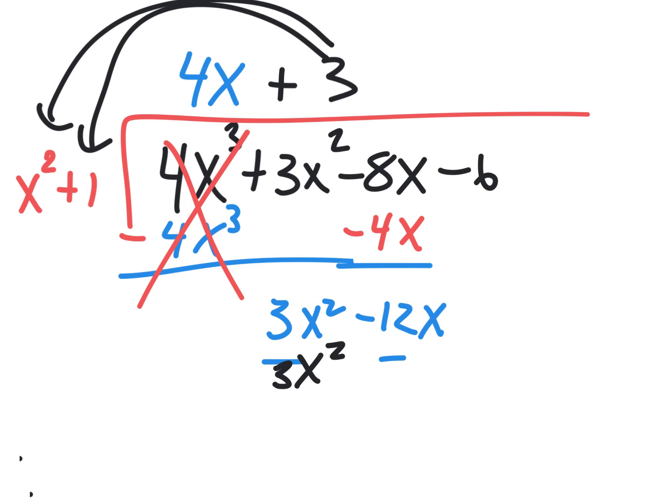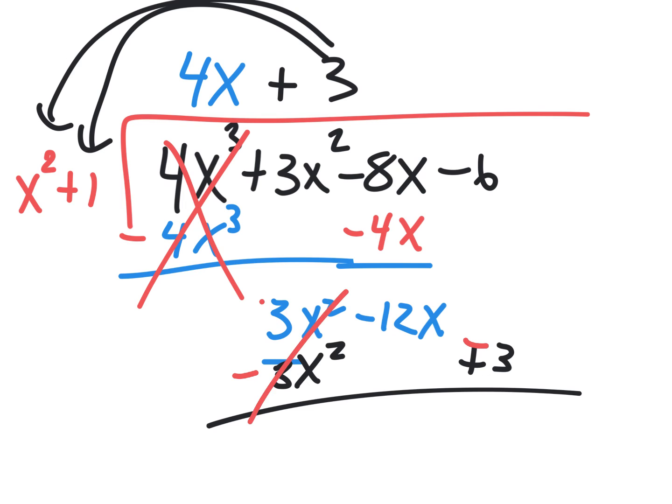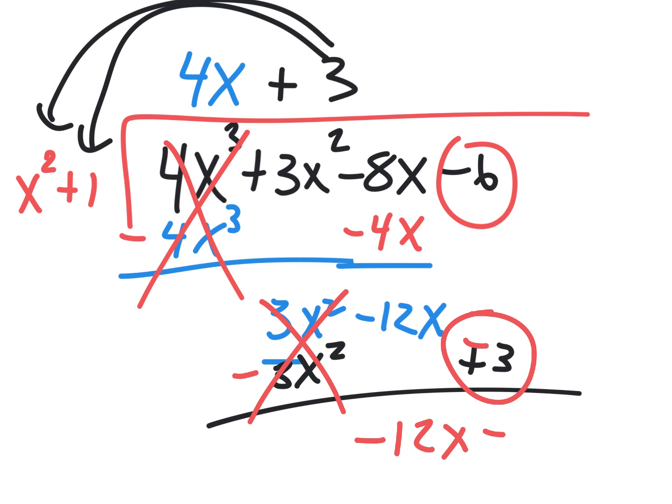Dang it, that goes way over here. Now I'm going to do the opposite thing. Opposite, opposite. And then this cancels, and I have negative 12x still. And then I bring down this negative 6, and the negative 3 makes negative 9, and that's not a good sign.